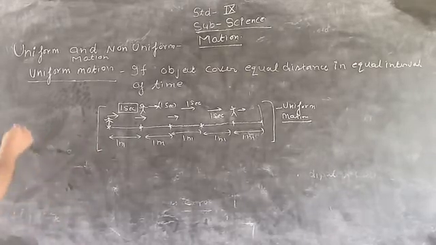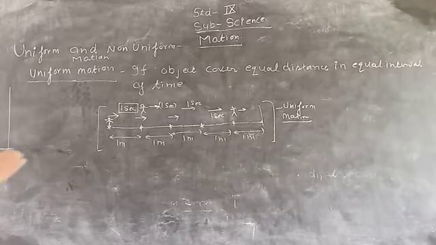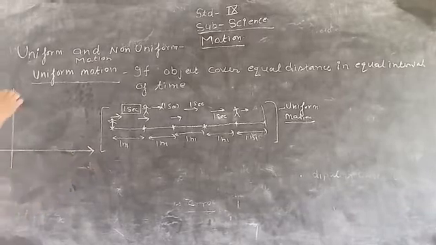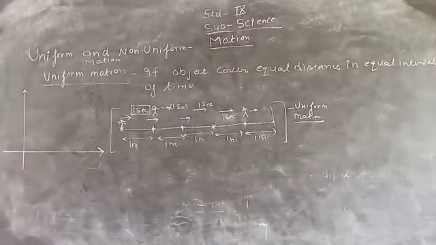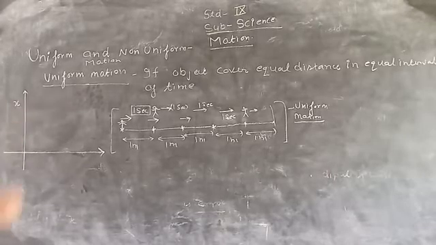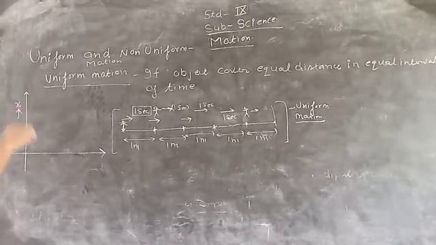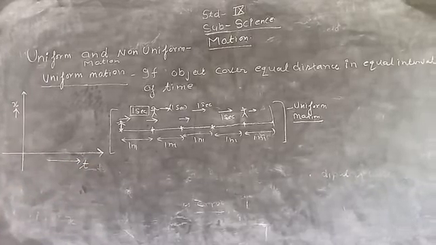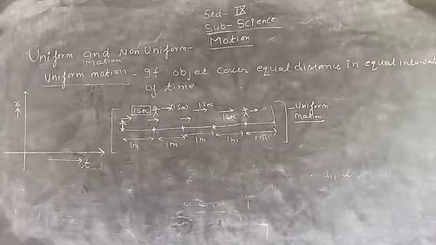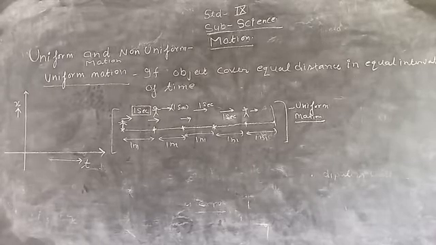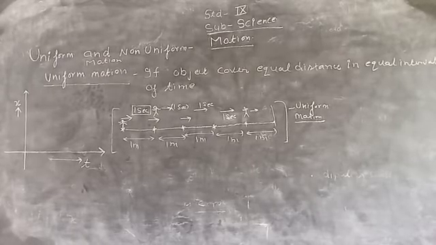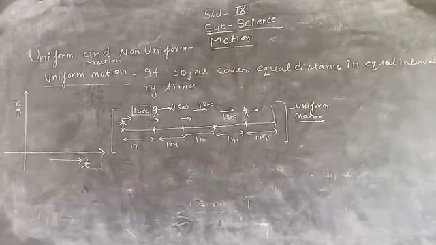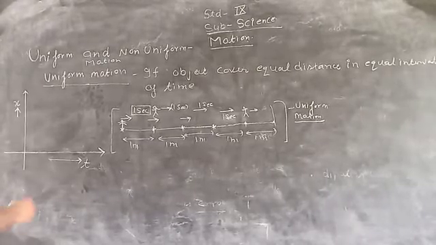And if we draw a graph like this, this is our x, that is distance, and this is the time. Uniform motion is the motion in which equal intervals of gaps take place.